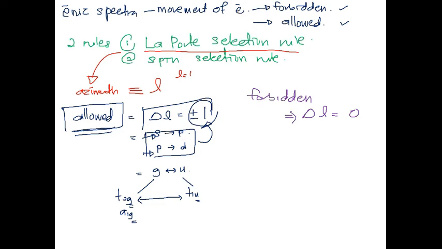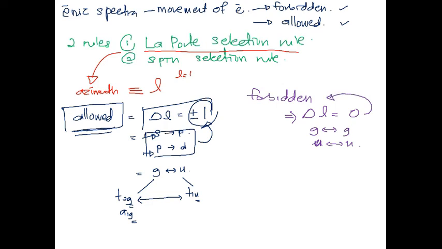And then you have the G or the U. So with these transitions, meaning at the same level, it will be forbidden transitions. We will look at examples later.